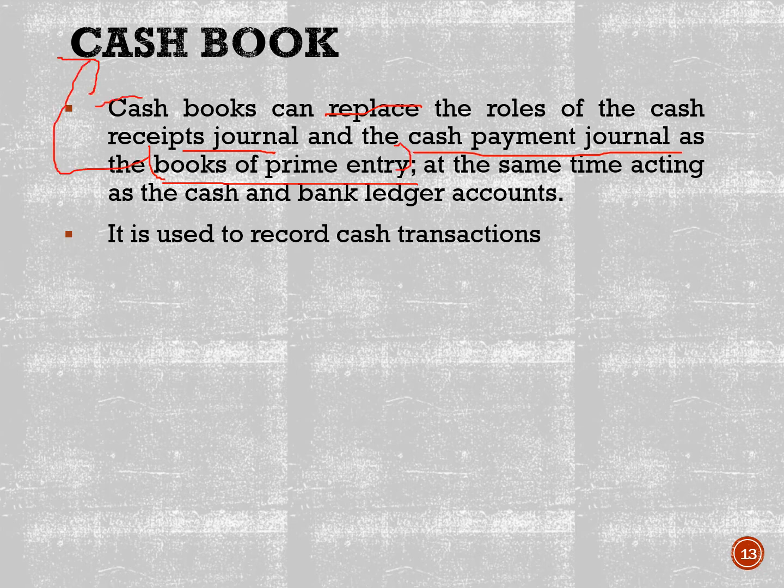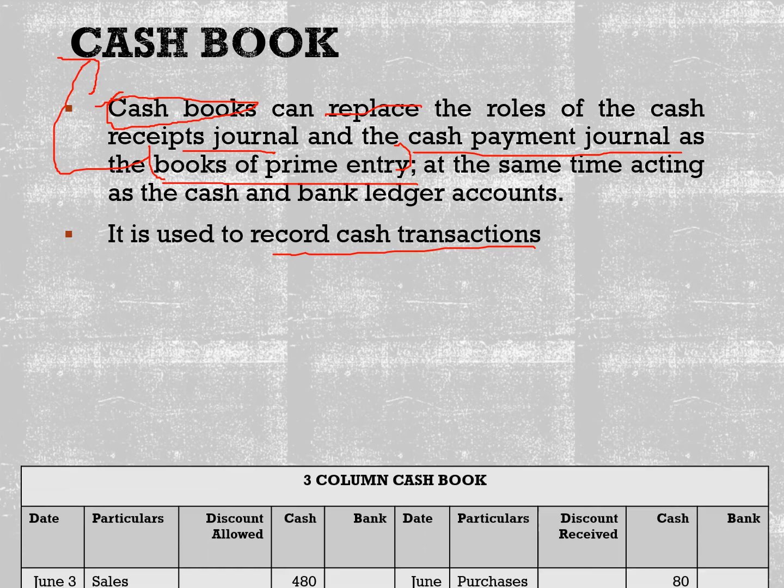So, kita kena buka cash book untuk gantikan cash receipt journal and cash payment journal. So, it is used to record cash transactions. Apa kegunaan cash book? Untuk record the cash transaction.